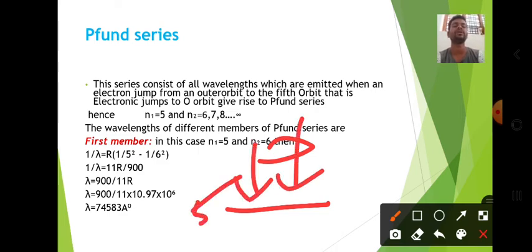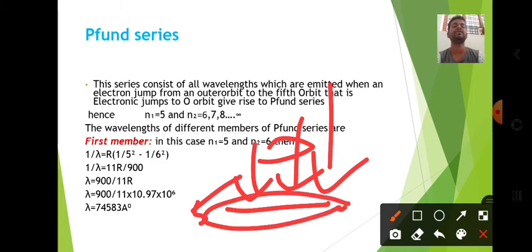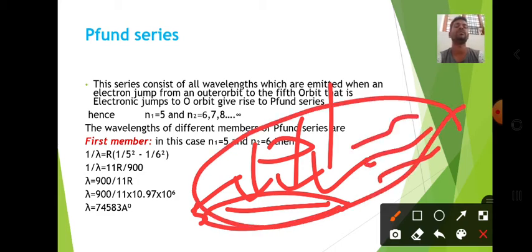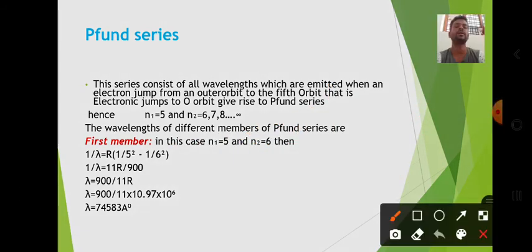So from different levels to the last level, here the fifth level. In the fifth level, if the electron jumping takes place, then they radiate different types of wavelength. All the wavelengths can be found by using this formula. And see that formula. Now take n1 as fixed, it is 5 for Pfund, and n2 is 6.